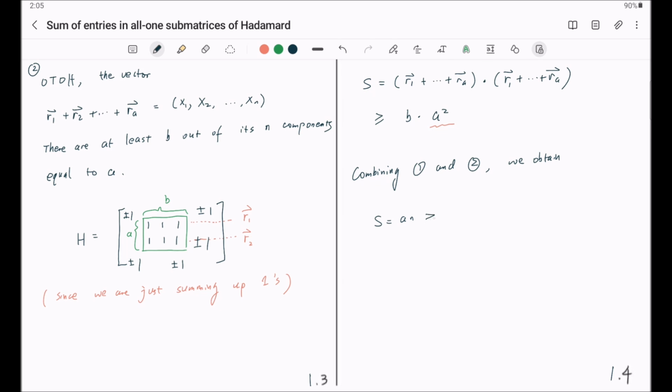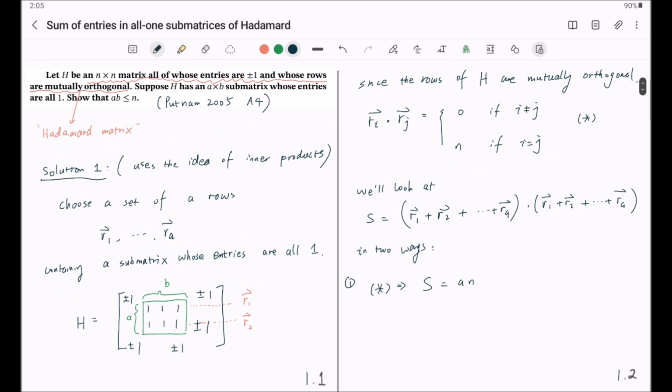But from 2 you get S is bigger or equal to B times A squared. So by canceling A, you get n greater or equal to B times A, which is the inequality we want. So this is the end of solution number 1. We proved this inequality.